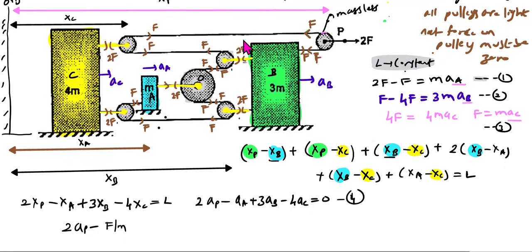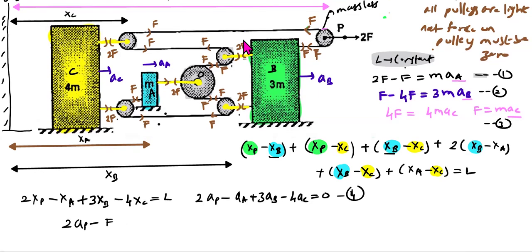Let me slide down. Plus acceleration of block B will be minus F by M, because F minus 4F will be equal to AB. Acceleration of block B will be F by M. So this will be minus 3F by M minus 4.